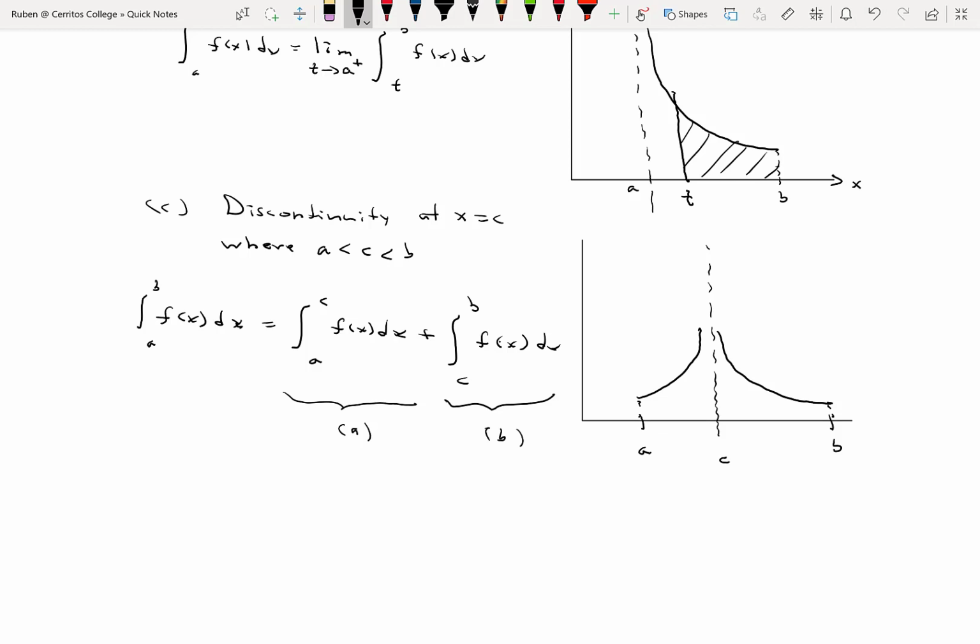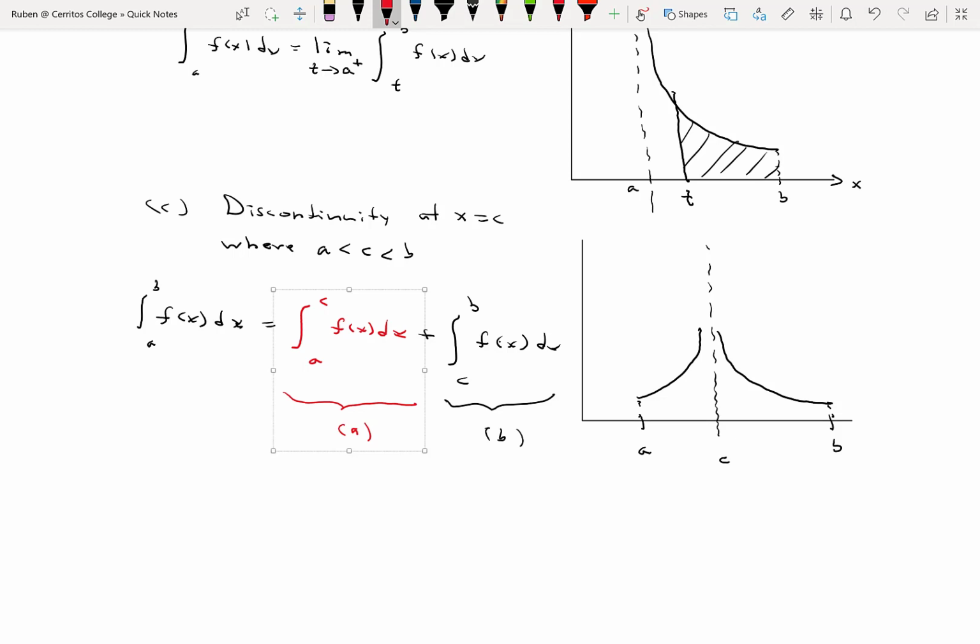Now, I have the same final note about this before we look at an example that I did with the type 1, third subcase: if when you evaluate this integral, you find that, say, the first integral diverges, then don't bother to evaluate the second integral. If the second integral is finite or not, or convergent, it doesn't matter.